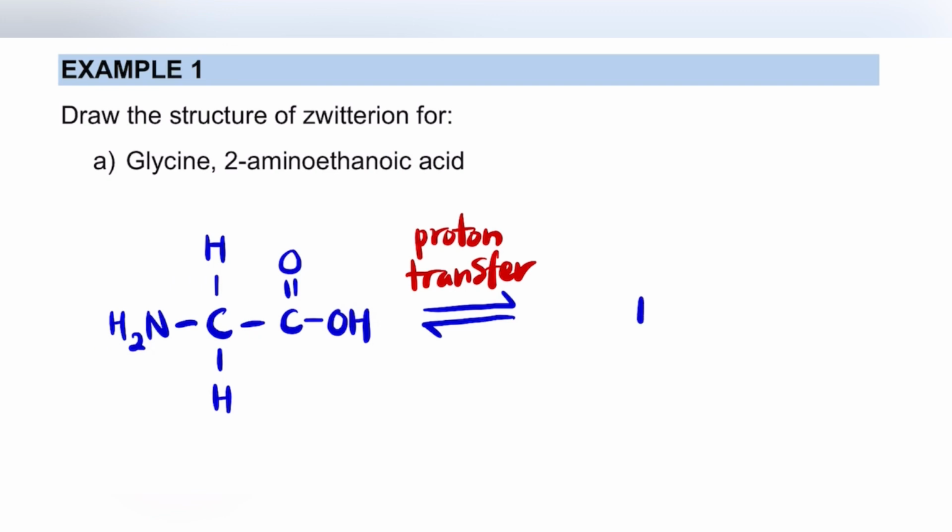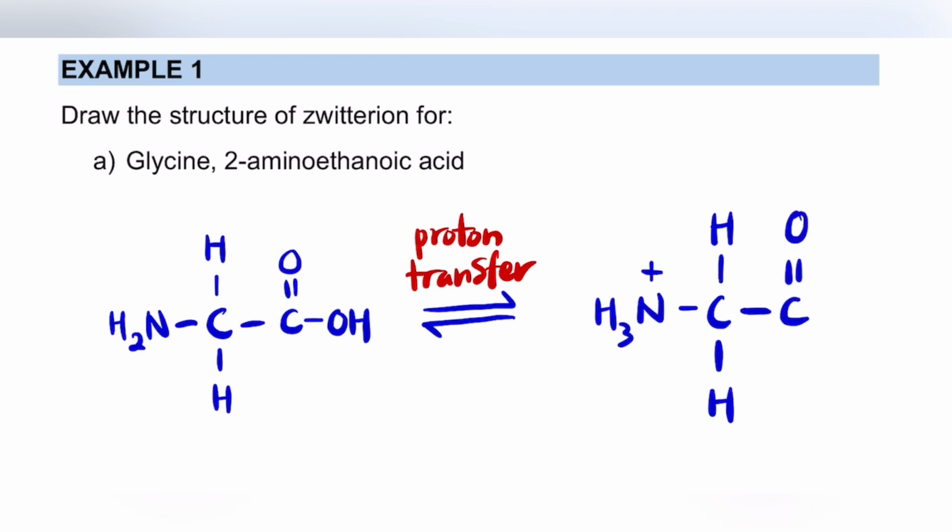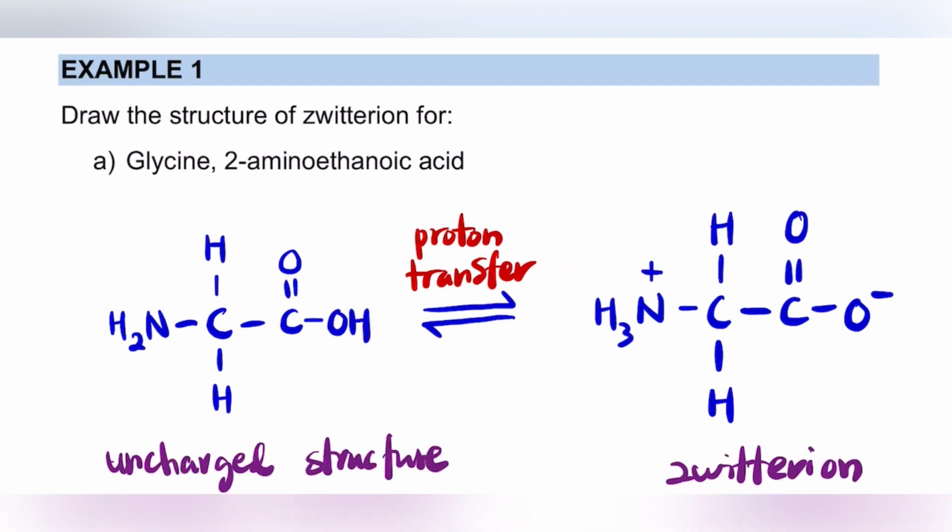It will be N plus H3 attached to CH2, and then attached to C double bond O and then O minus. So this is our uncharged structure and this is our Zwitterion structure. That settles the drawing of Zwitterion for glycine.